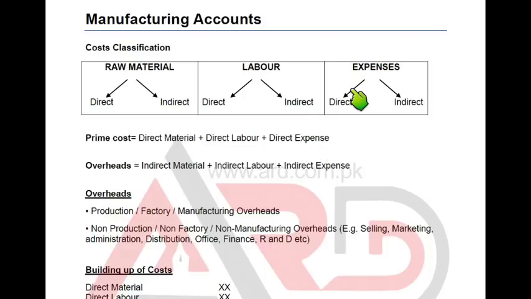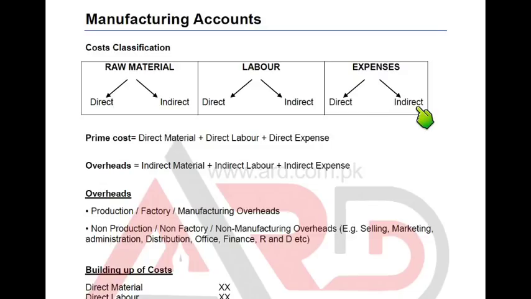Now, there are two types of expenses. One is direct and the other is indirect. Again, the definition remains the same. The expenses that can be directly traced to a particular product or service are direct, and those that cannot be traced are indirect. Mostly, expenses in the factory are indirect, such as electricity. We cannot trace how much electricity is used in making a particular product.